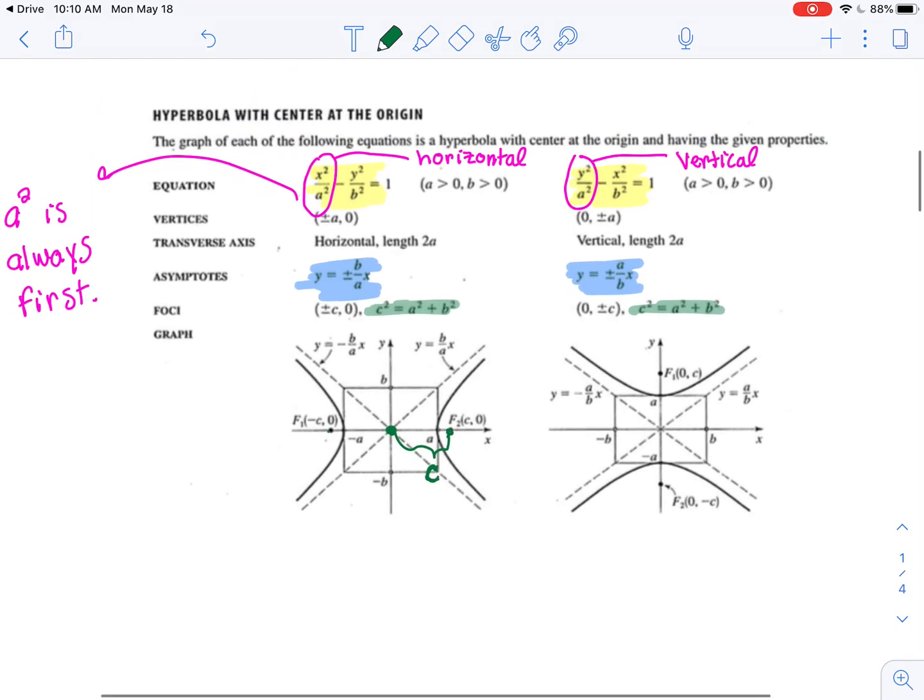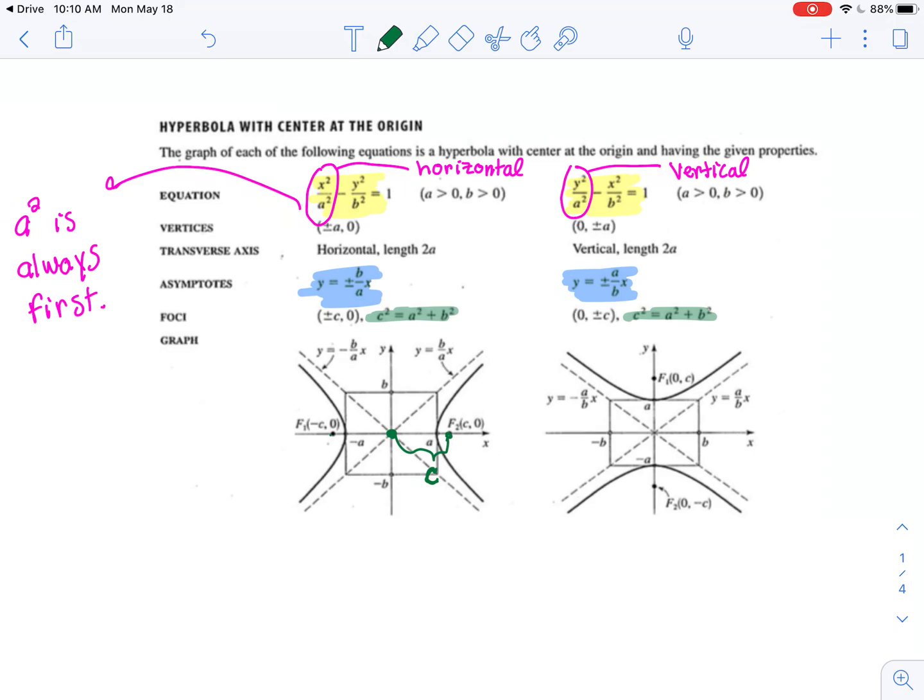With an ellipse, it was c squared equals a squared minus b squared. With a hyperbola, it's c squared equals a squared plus b squared. We'll work with that later as we do some graphing. You'll also notice there's this box in the center, and we use that box to help us graph. I'll talk about that more as we get into graphing.